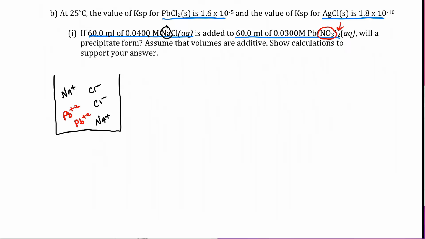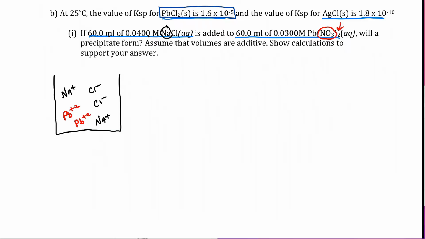Okay, will a precipitate form? If we're asking if a precipitate forms, we have to understand what precipitate we're talking about. And again, this is an older question, but I like it. So clearly lead chloride is insoluble, and we should know that because they're giving me a KSP for that.